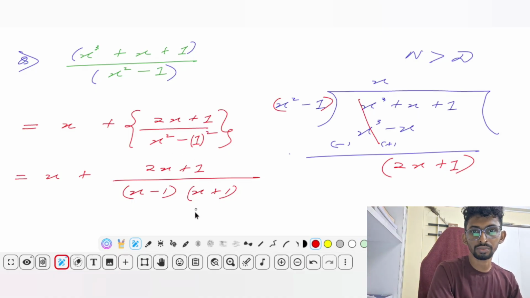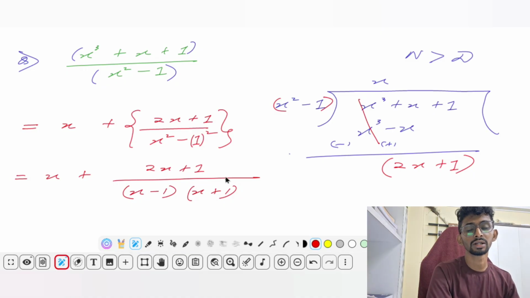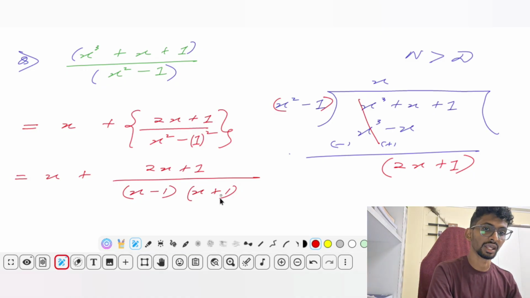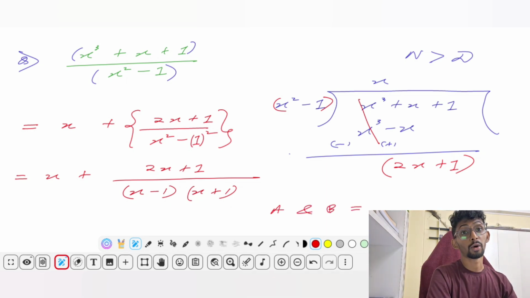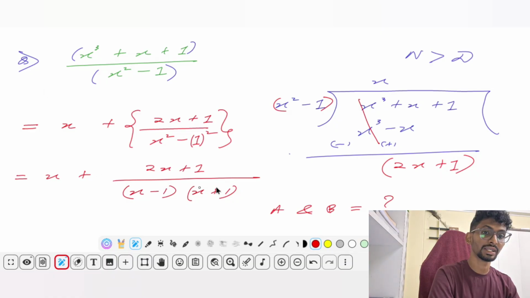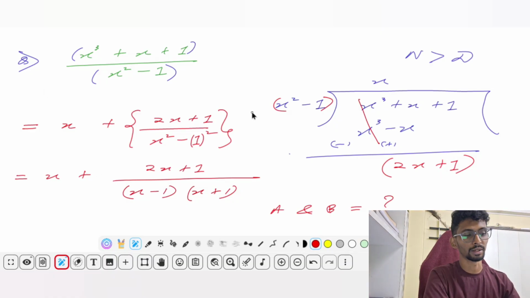So now it's very simple. You can write it as a by x minus 1 plus b by x plus 1. Then you can find the value of a and b. So we have already discussed this process. So you can find the value of a and b and answer me in the comment box.